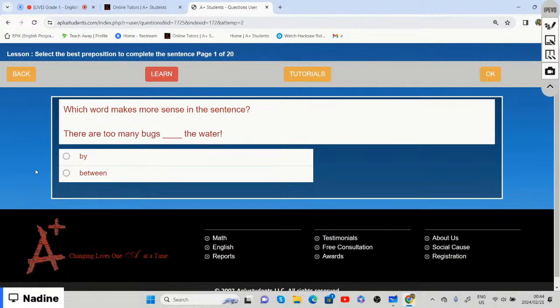What is our correct answer? Our preposition that tells us where there are too many bugs. Where will we find too many bugs? By the water or between the water?